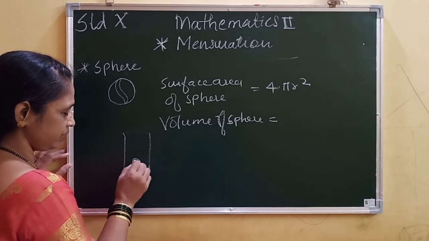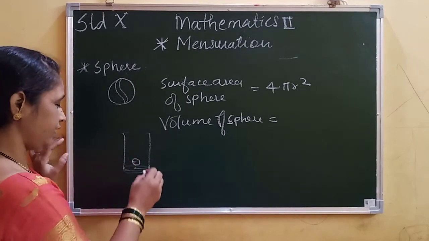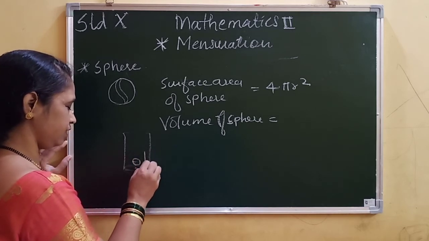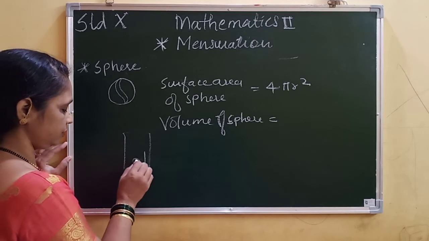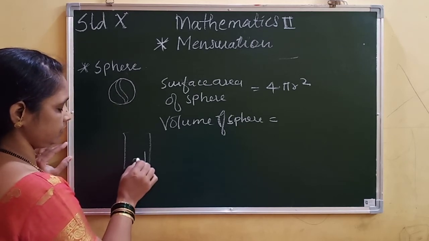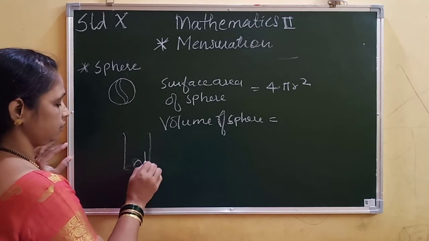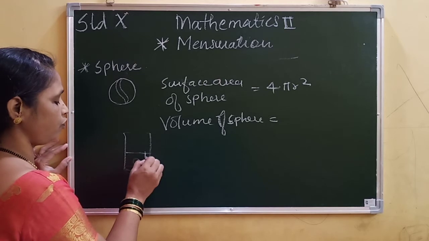So now you will measure the diameter of the sphere, and that much strip you will cut and you will stick here in the cylinder where the ball will touch, the ball which touch at the base of the cylinder. So from here this strip you will mark, until there you will fill the water.